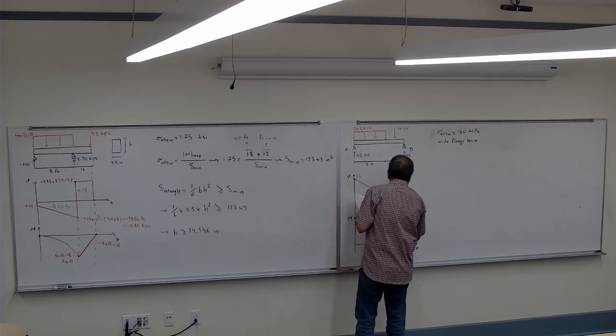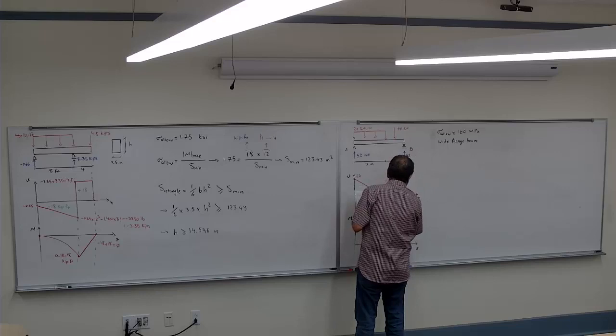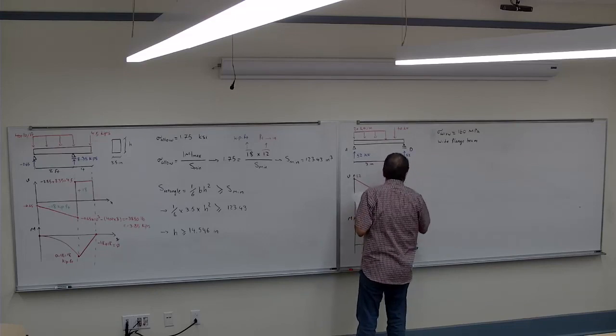Then nothing happens between these two, and then 58 up. That's negative 58 plus 58 goes back to 0.